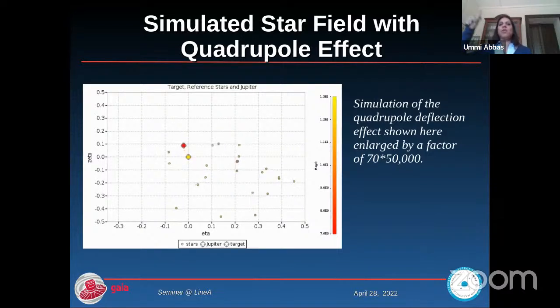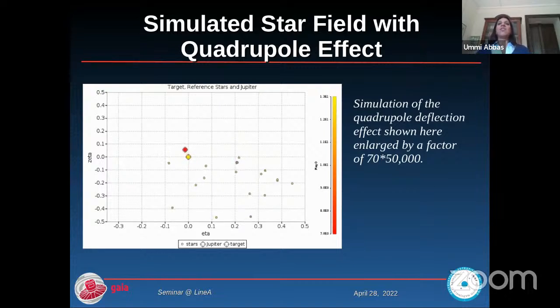So there's one loop going down, moving downwards from the red Jupiter position. The red dot moves upwards, so Jupiter is just moving across the field. And this quadrupole deflection effect is multiplied by yet another factor of 70. So in this case, the total magnification is 70 times 50,000, because otherwise the effect is only at the level of tens of microarcseconds. The highest is 100 microarcseconds in this case, depending on how close it falls to the position of Jupiter.